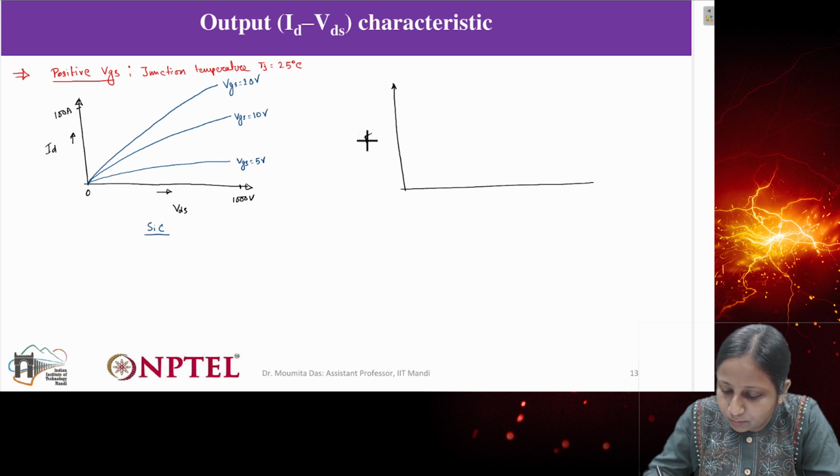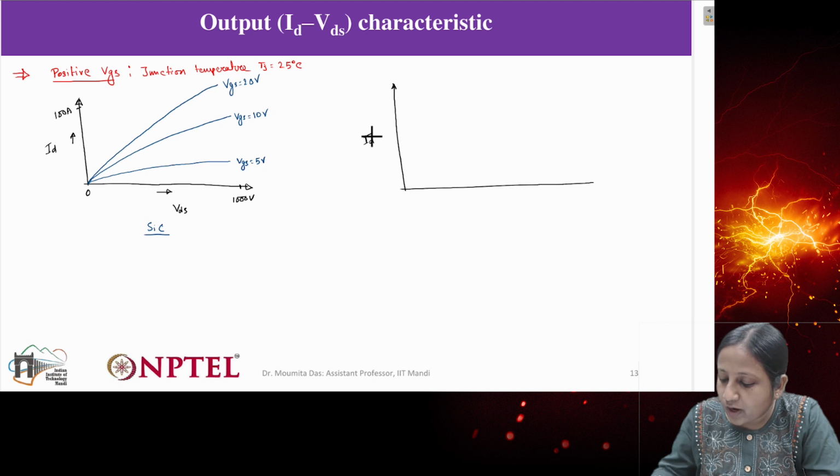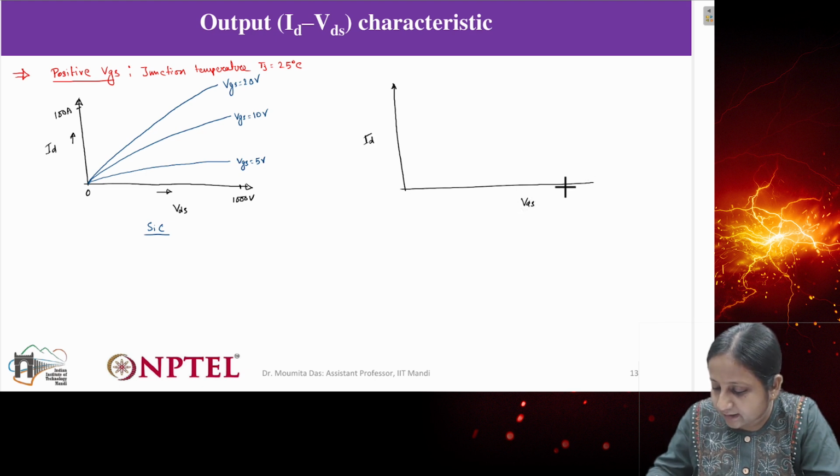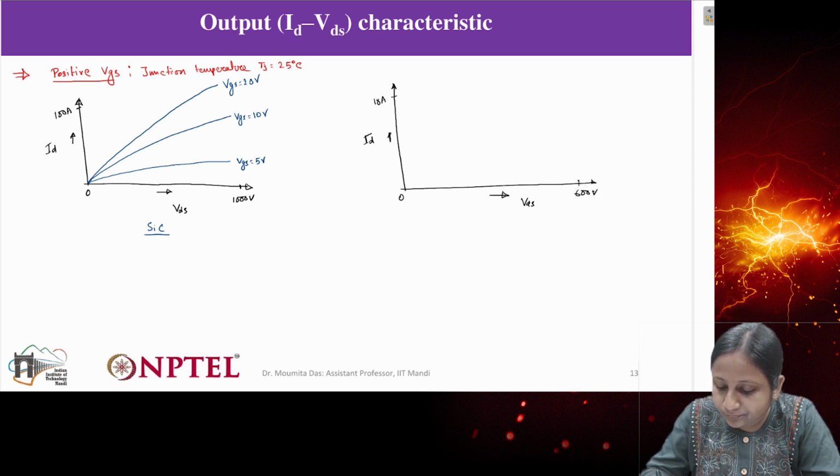So ID we can plot here on the y-axis, and VDS on the x-axis. Similarly for ID, let's say the drain current is 10 amperes maximum, and VDS is, let's say, around 600 volts. It is increasing like this.